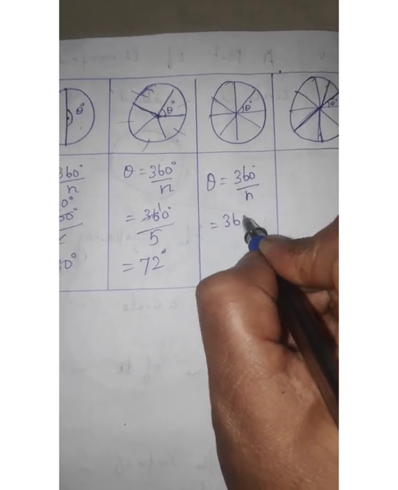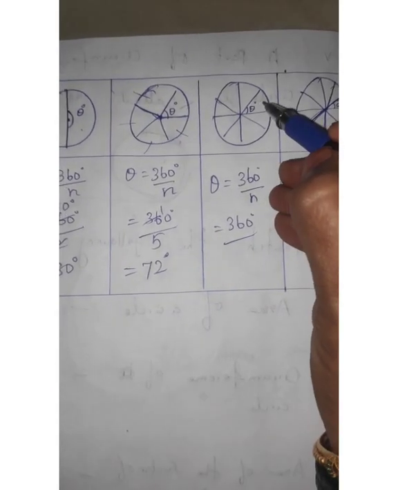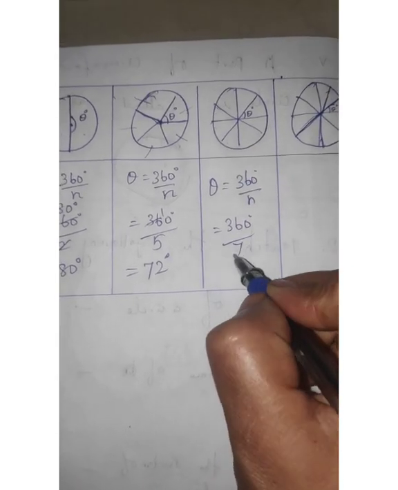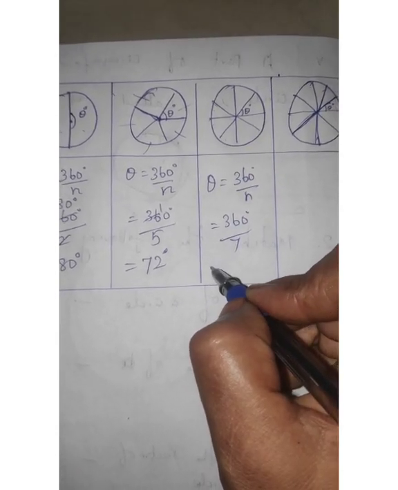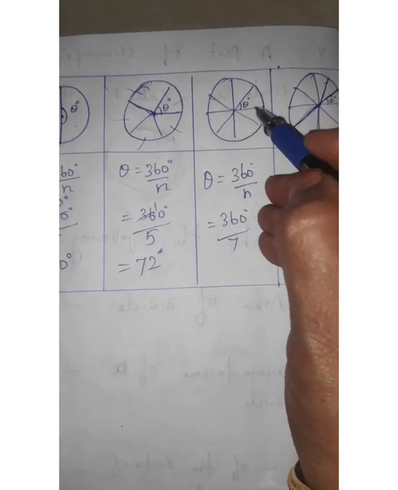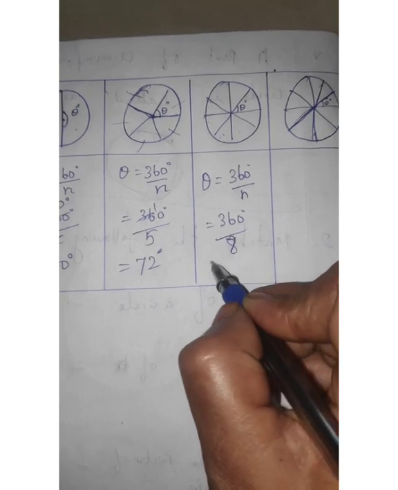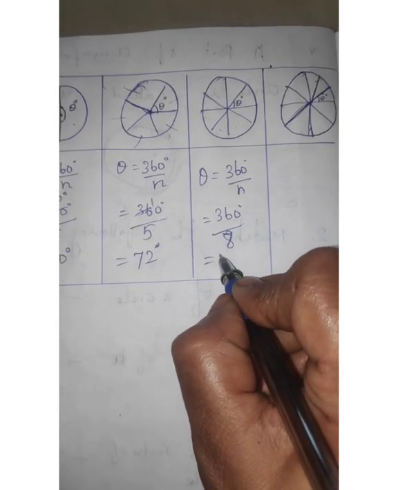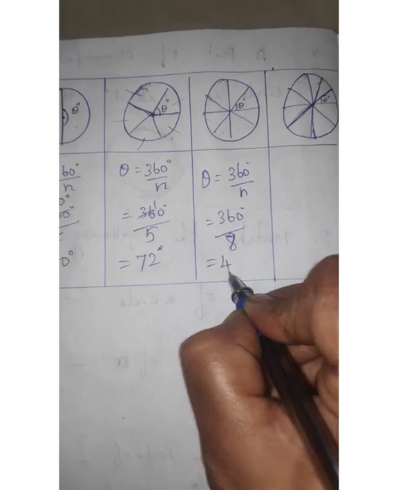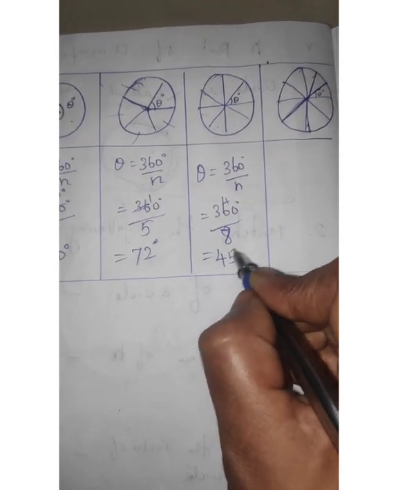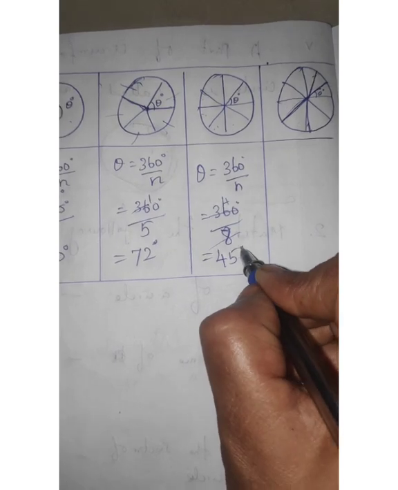Count the parts: 1 2 3 4 5 6 7 8 parts are there. How do you divide the number? 8 4s are 32, remaining 4, 5 8s are 40, 45 degree.